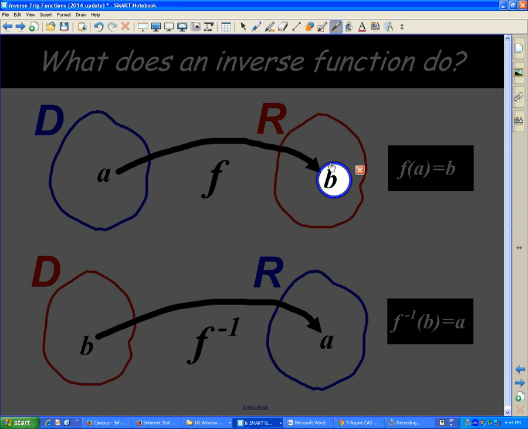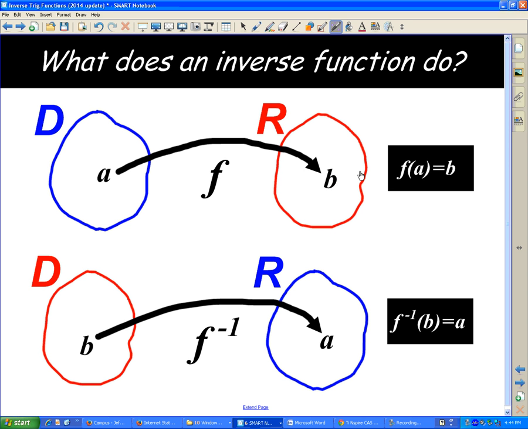And there it is, there's B. A has turned into B, or you can think of it as x turns into y, however you want to consider it. But f of A is equal to B. Another way of thinking about this is if we graphed this function f, we know that the point (A, B) would be a point on our function.